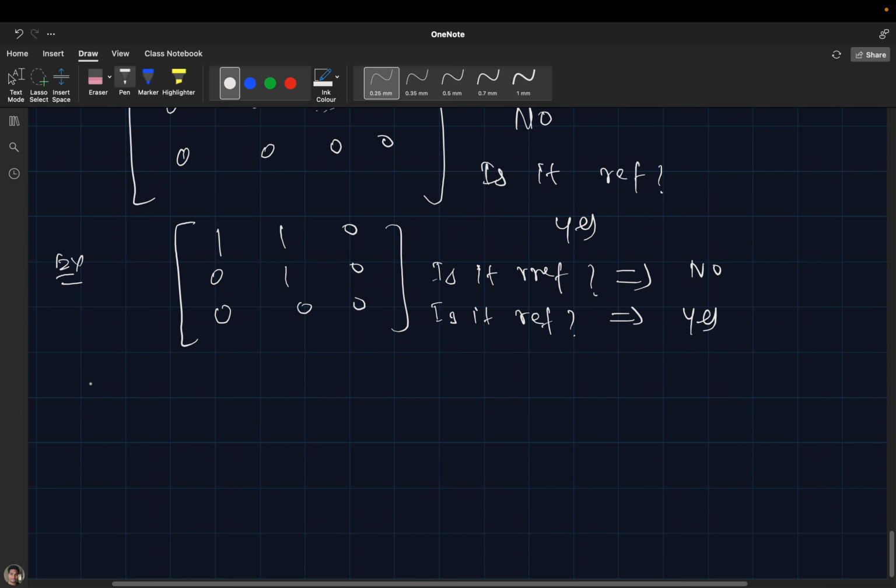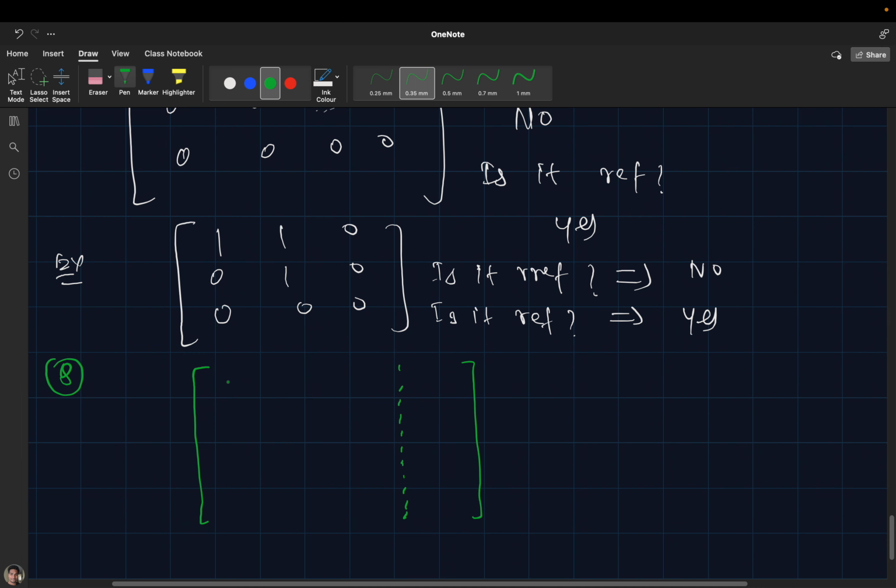So let's take a system of linear equations. Suppose you have an augmented matrix. Definitely you can write it as a system of linear equations.